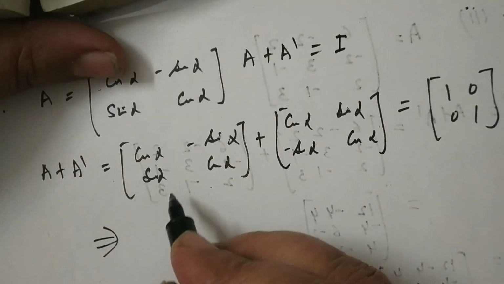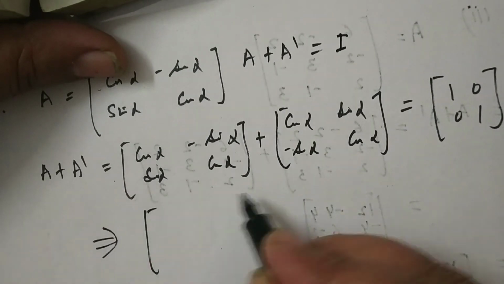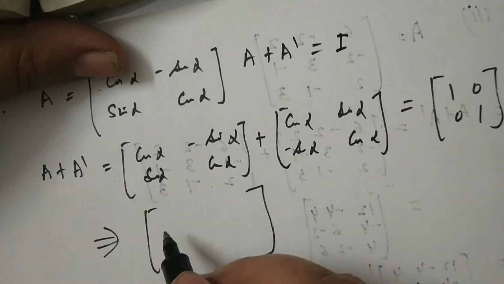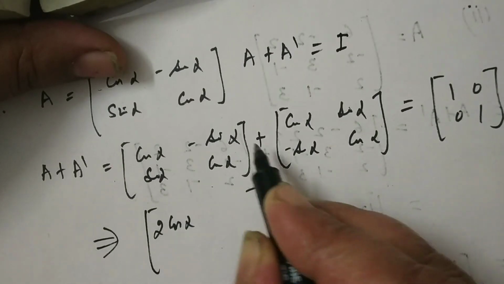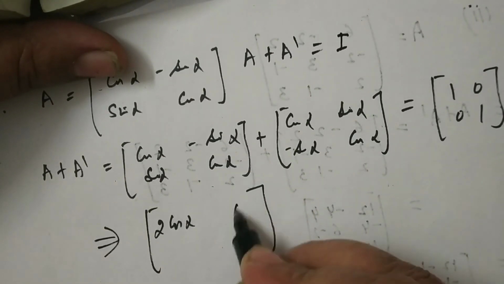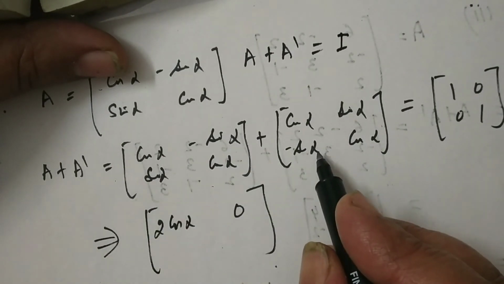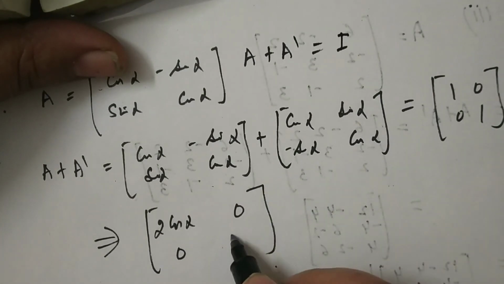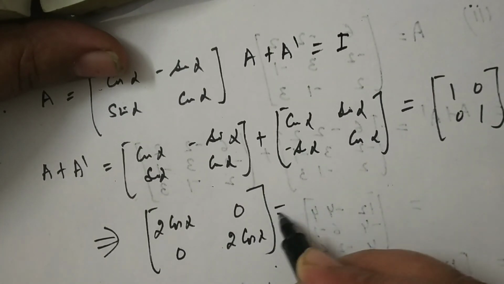Now what that implies is, if I add the corresponding elements, I get cos alpha plus cos alpha, 2 cos alpha, and minus sin alpha plus sin alpha becomes 0, sin alpha minus sin alpha becomes 0.